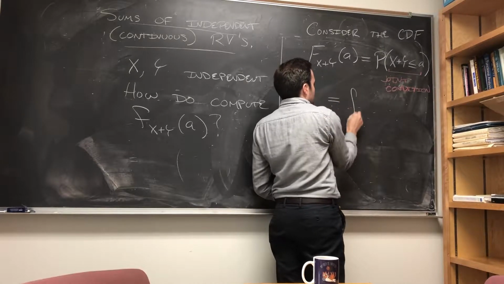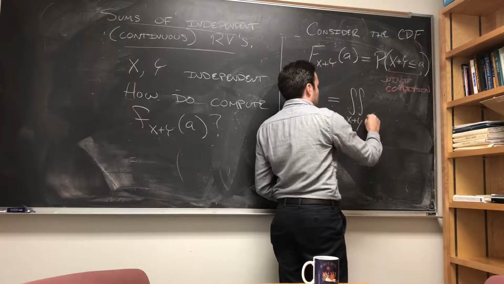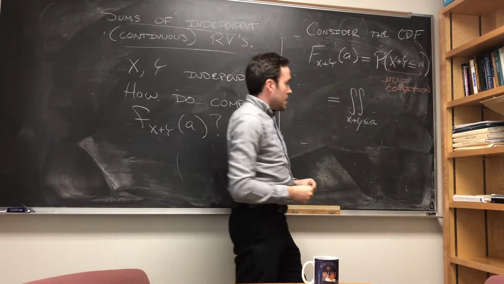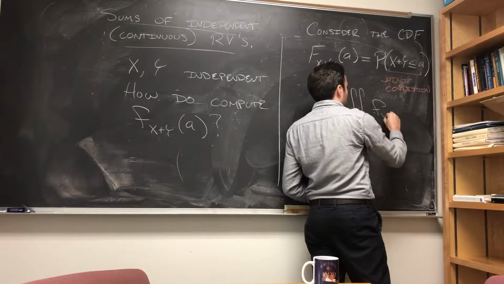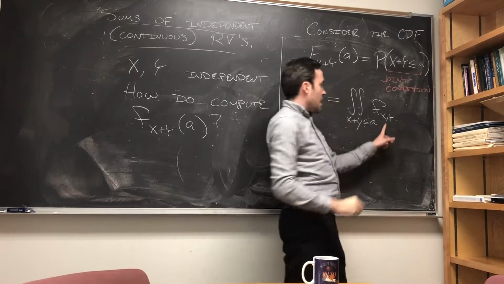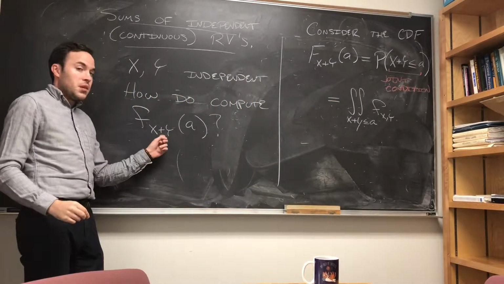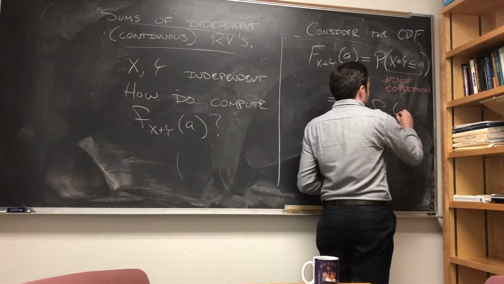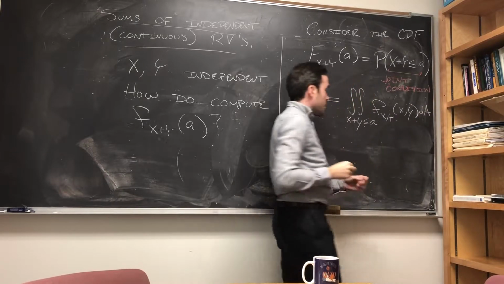We say this is the double integral over the region where x plus y is less than or equal to a, and it's the double integral of the joint PDF f sub x comma y, as opposed to f sub x plus y, which is what we're trying to figure out. And this is going to be evaluated at x, y. It's a double integral, so it's dA.